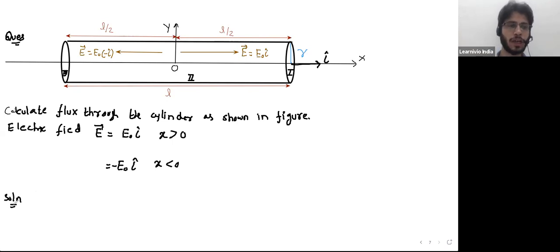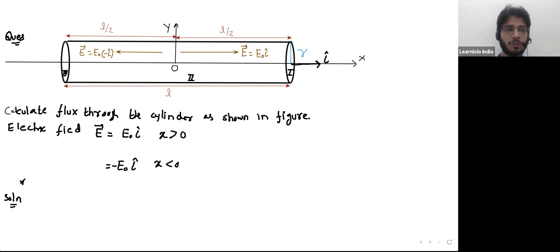Now you are supposed to calculate the flux. Just like a cube, when we calculate flux through a cube, we divide the cube into 6 faces. But when we calculate flux through a cylinder, we divide it into three parts: two ends, end 1 and end 3, and a curved surface, which is end 2.